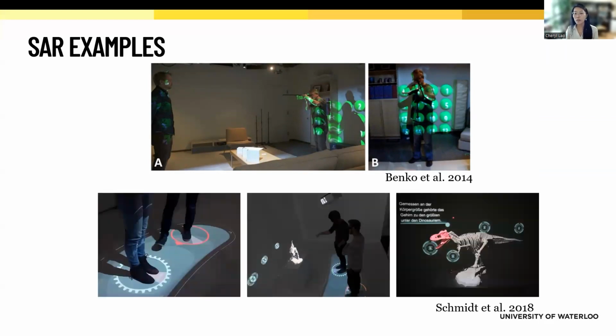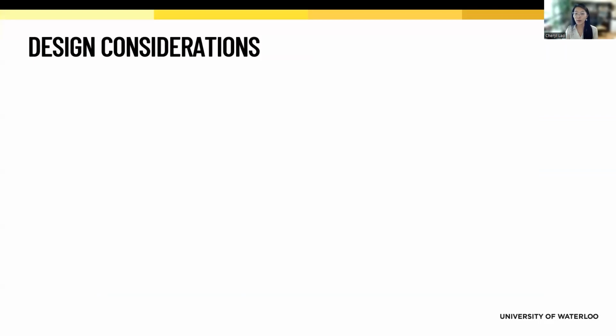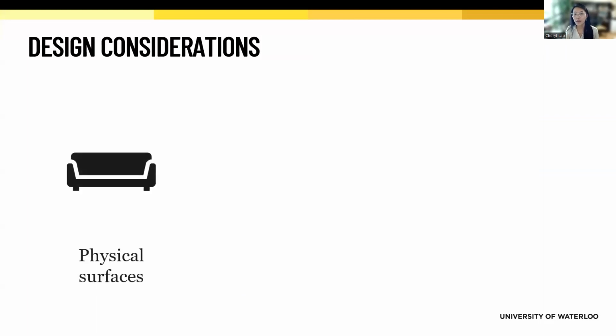Another example of perspective-dependent SAR can be found in this museum guidance system that uses floor projected cues to guide viewers to the right viewing location in an exhibit. So SAR is a very cool tool, but it has some unique considerations that make it different from other immersive technologies. So first, SAR content needs to be projected onto physical surfaces.